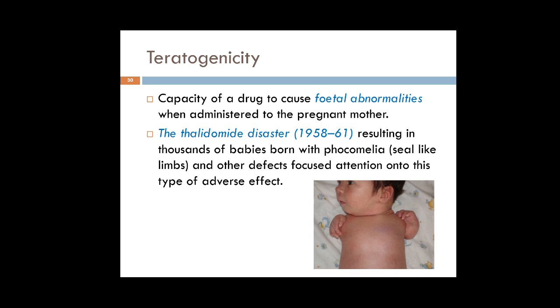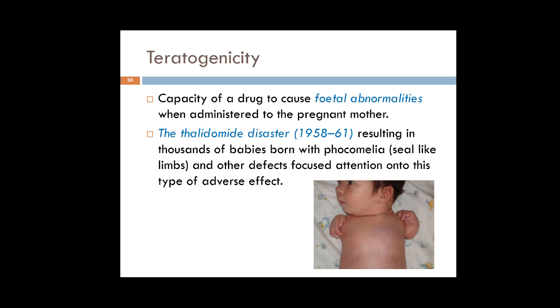Another ADR is teratogenicity. What is teratogenicity? It's the capacity of a drug to cause fetal abnormalities when administered to the pregnant mother. The very common and classic example of this teratogenic effect is the thalidomide disaster.